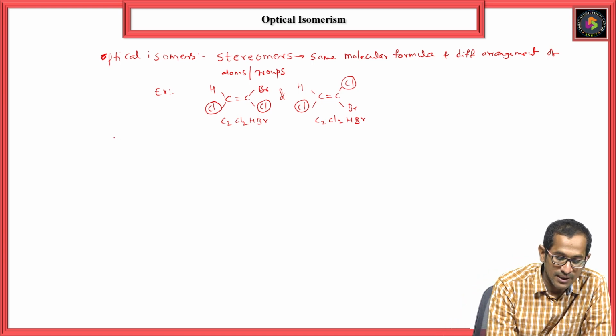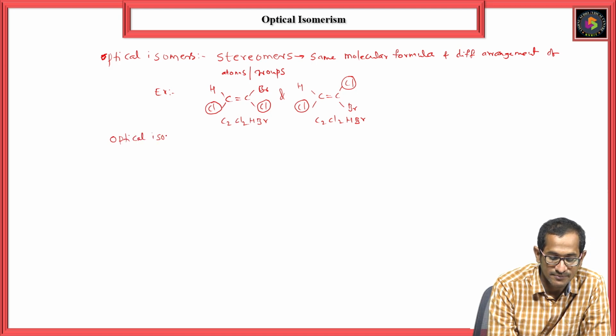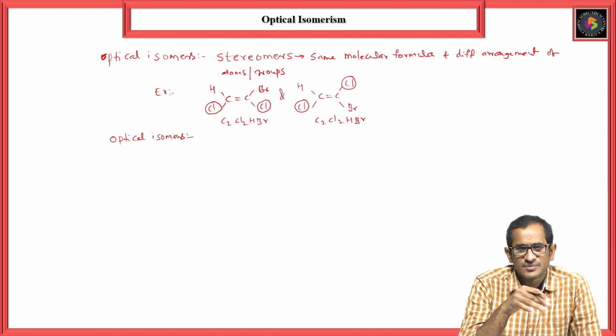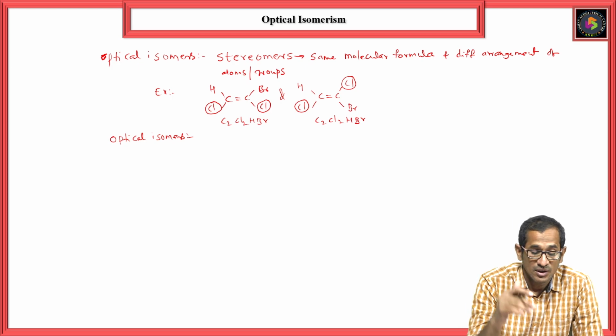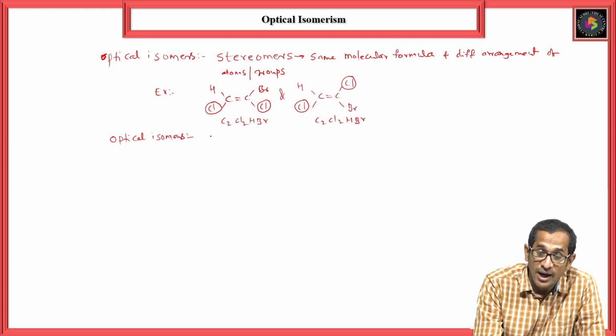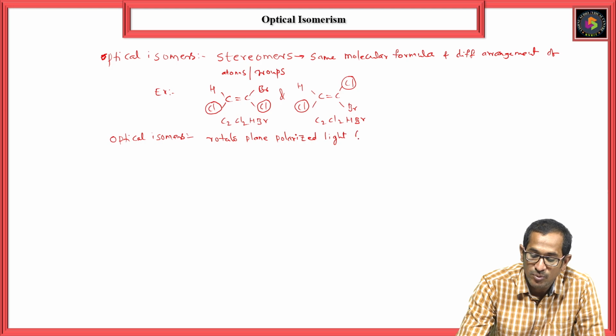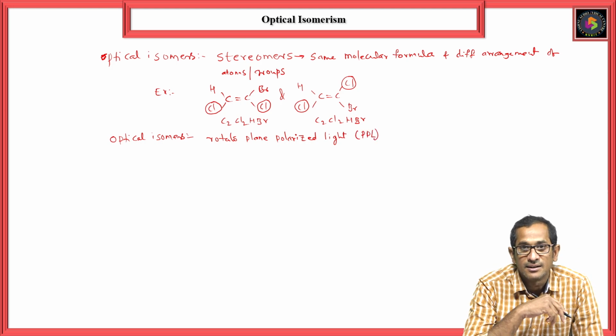Next, what are optical isomers? Optical isomers have the same molecular formula, but they are the isomers which rotate plane polarized light, PPL.